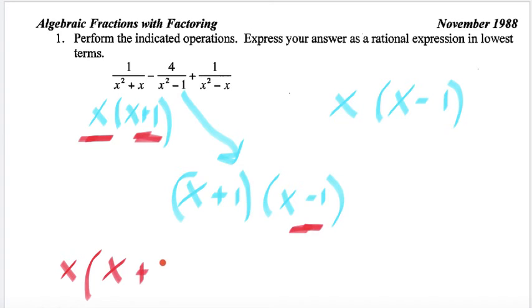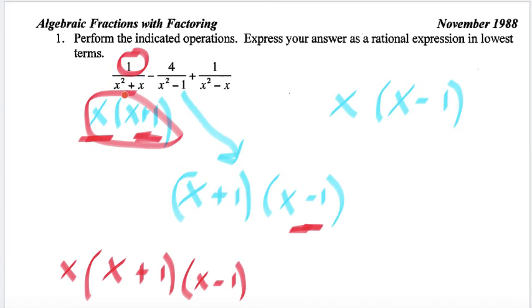And then you would look at the numerators and multiply everything by whatever's missing. What do I mean by that? Like this one here, I have to multiply 1 times whatever's missing. Well, this already had the x and the x plus 1, so I just need to multiply the 1 by x minus 1. So I have 1 times x minus 1.